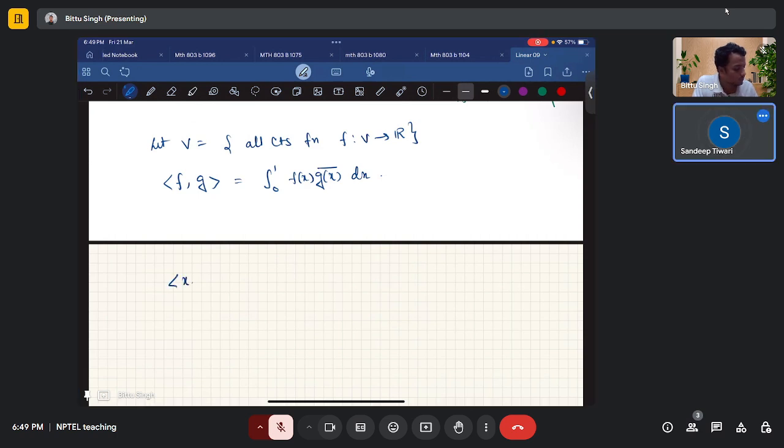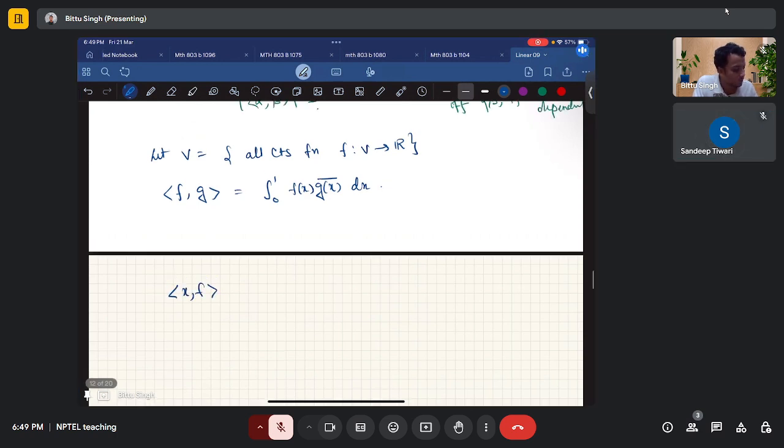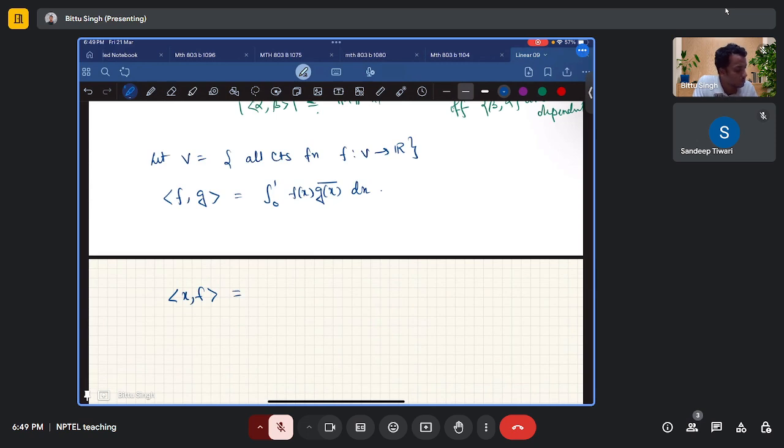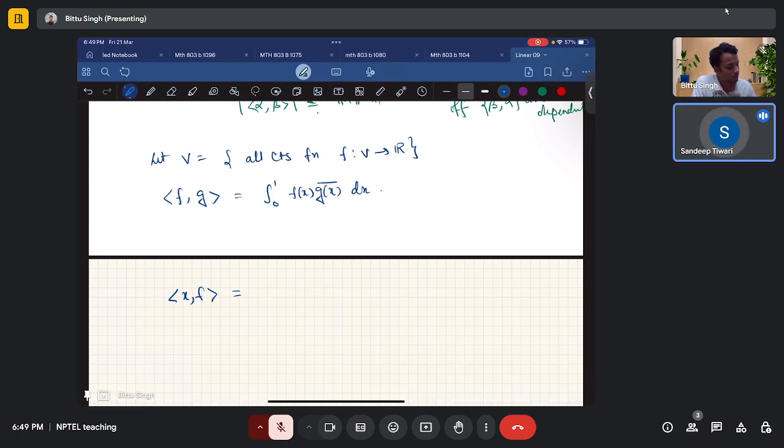Option B. Yes, let me check what actually happens. So x inner product with f, where x means the function which sends everything to the identity. We need to only find the norm of x and the norm of f(x).